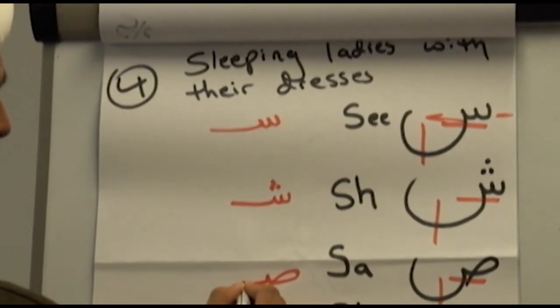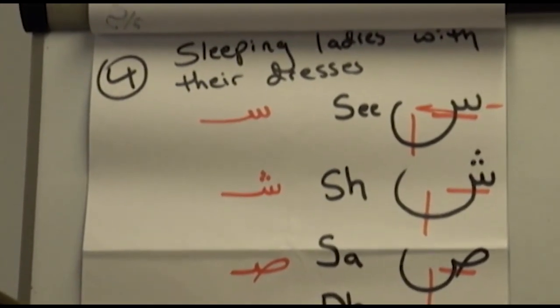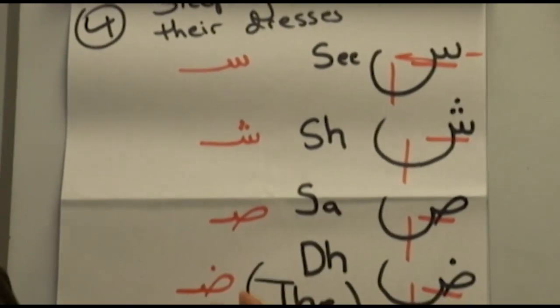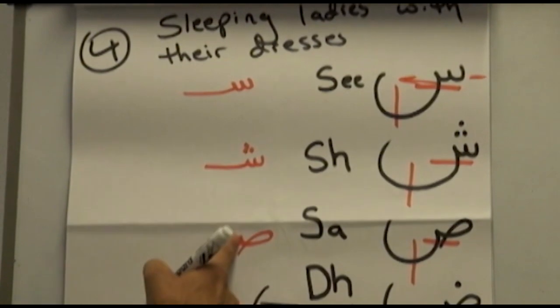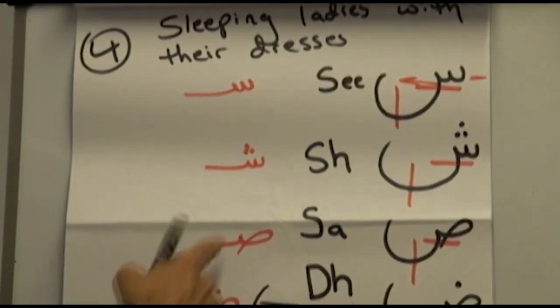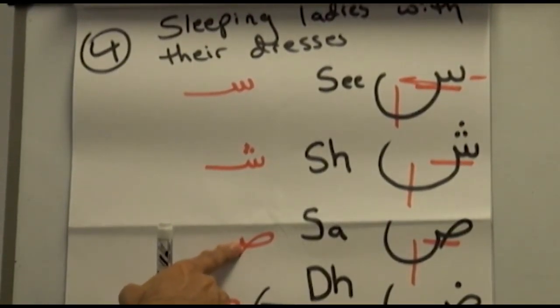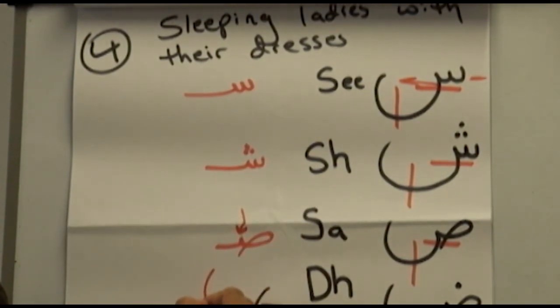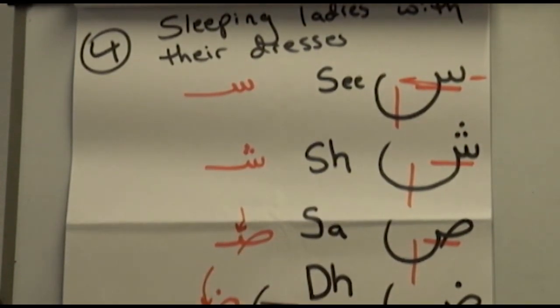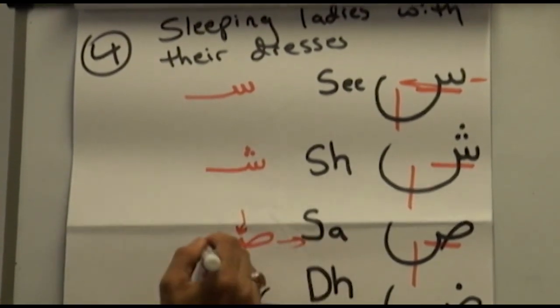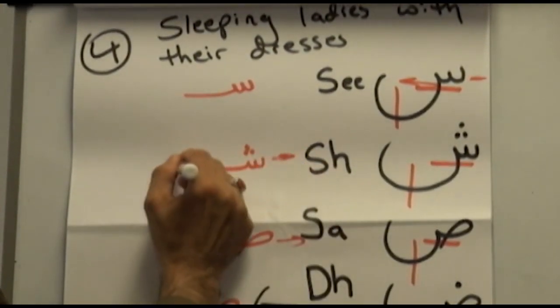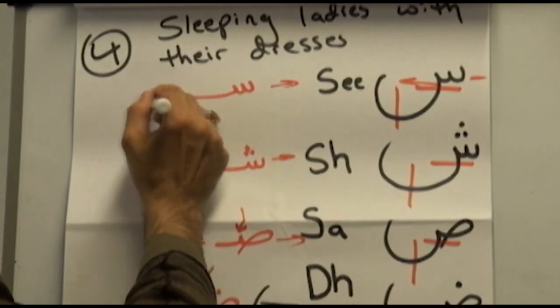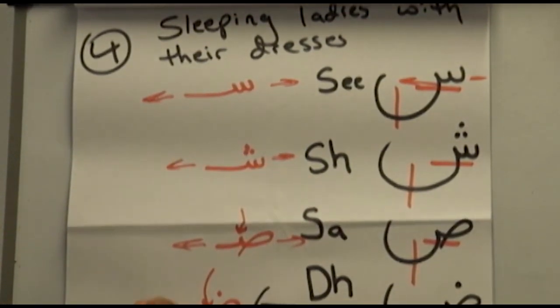Sad will be like this. Bad will be like this. Remember this sad and bad, you have to put this small notch. This has to be there in sad and in bad. So basically they connect from both sides. Seen, both sides.